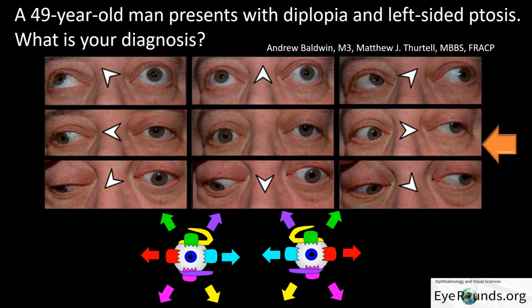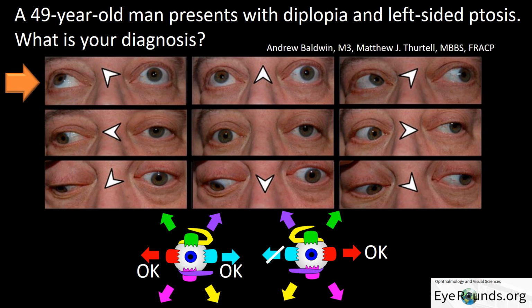Here, eyes are looking to the left, indicating that the right medial rectus and the left lateral rectus are working well. Here, the patient is looking to the right. The right lateral rectus is working well, but the left medial rectus is not working well, as you can tell because the left eye did not move as expected.